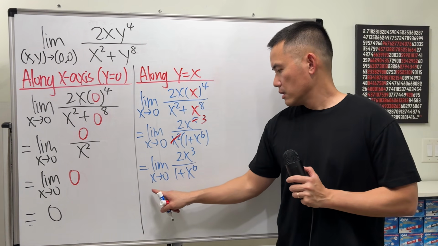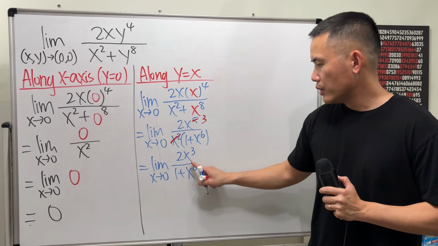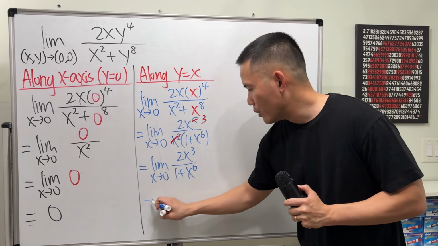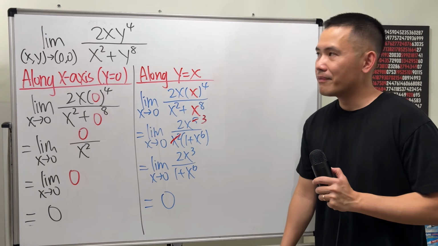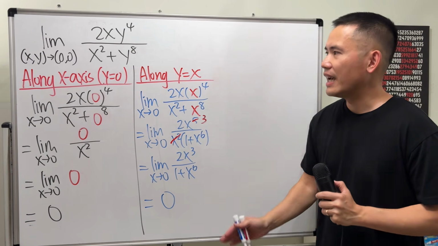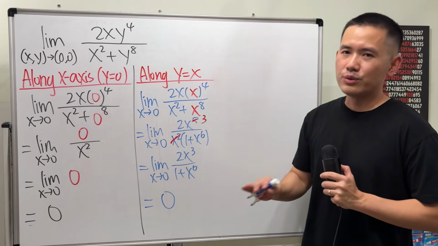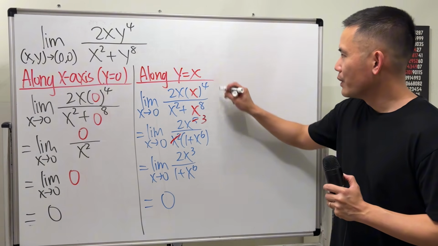When x approaches 0, you put 0 into here and here, you get 0 over 1. So, oh no, we end up with 0 again. That will be just another path that gives you 0. You cannot say the answer is indeed equal to 0. It's not enough. Okay, so maybe let's try another one.